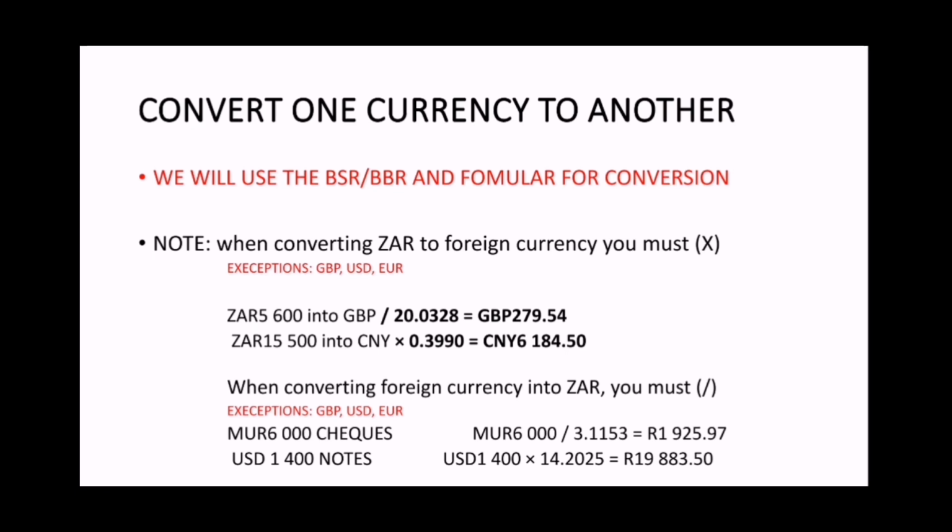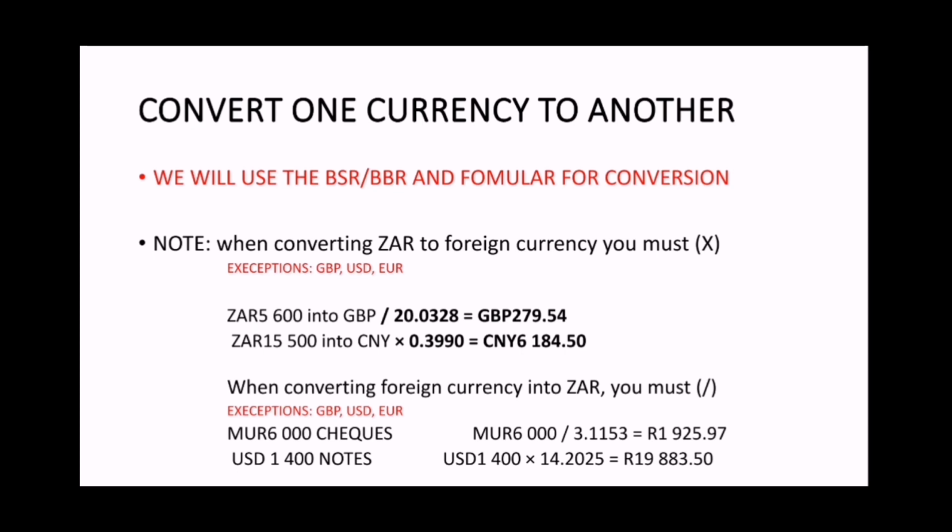So in your ROE table, you will look for the section that is especially for checks, and then you will divide by the ROE. That gives you the conversion back to your South African rand.